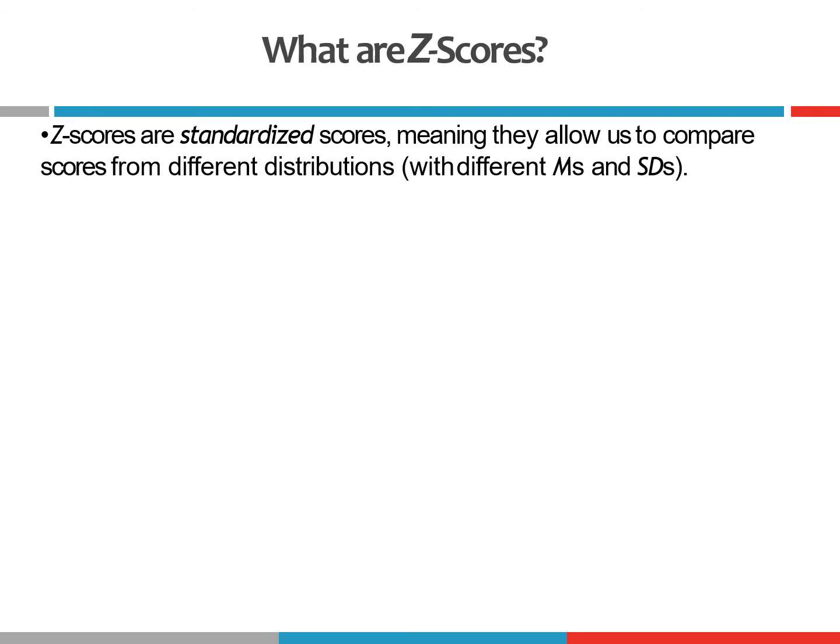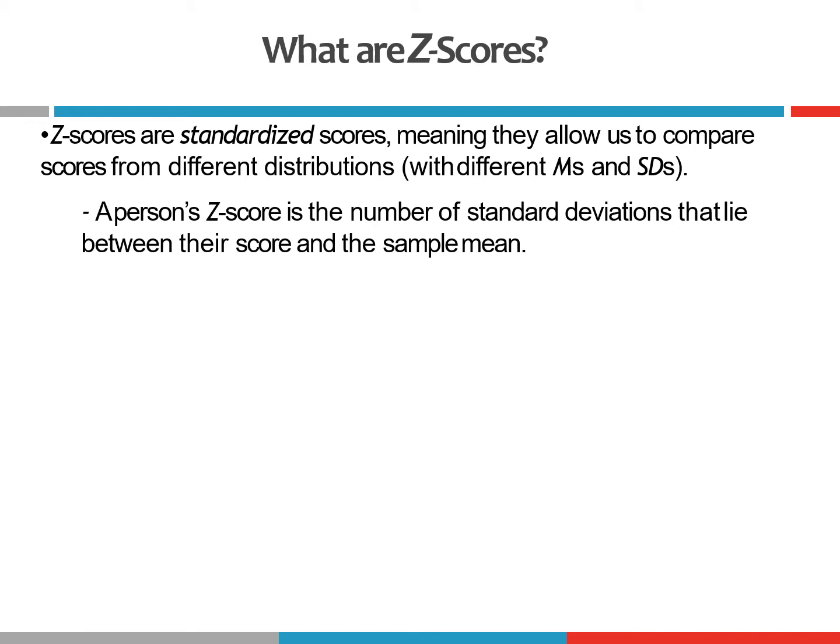Z-scores are standardized scores, meaning they allow us to compare scores from many different distributions. So we can look at the relative position of scores from across a variety of different samples or different distributions, even when those distributions have different means and standard deviations.